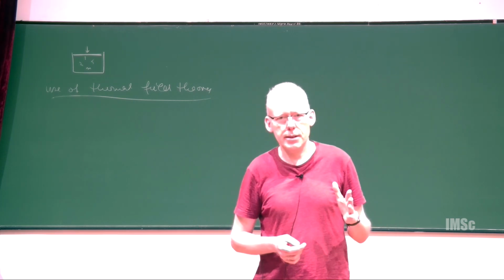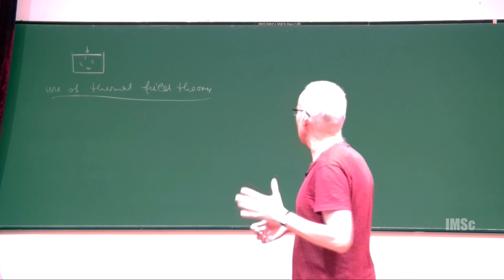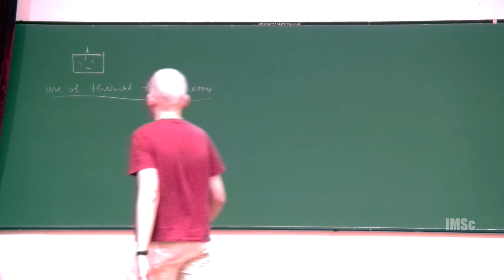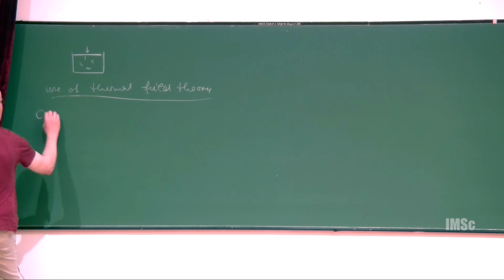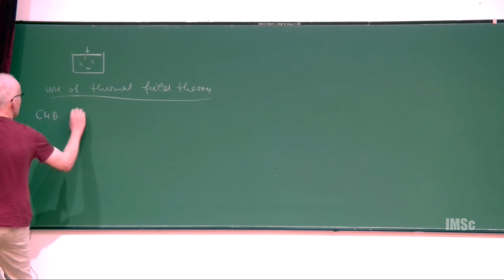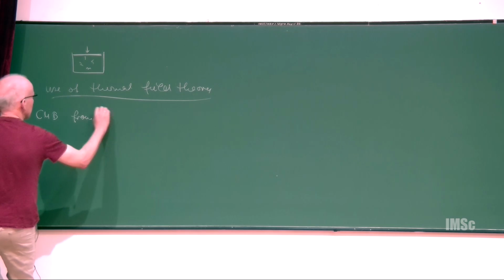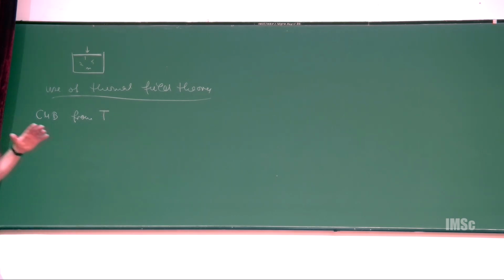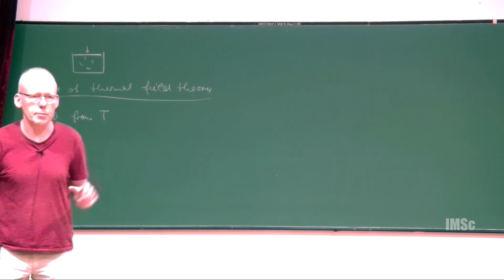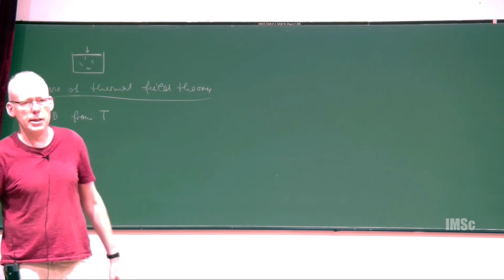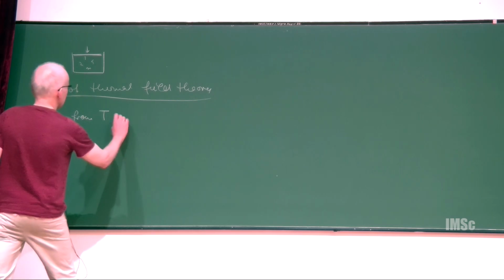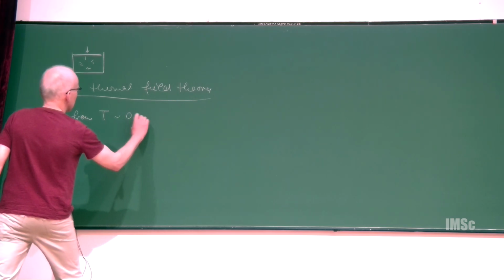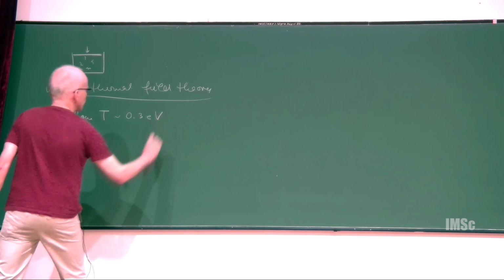That happened when the temperature was roughly like the binding energy, a bit less than the binding energy of hydrogen. If you look closely, you find that it is of order 0.3 electron volt.